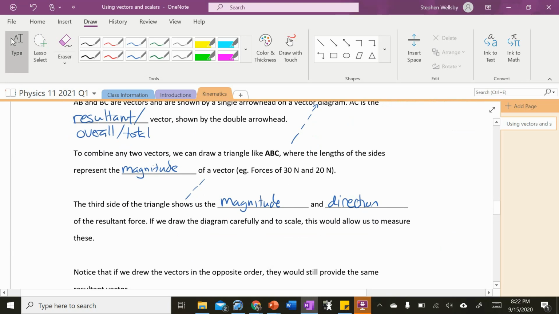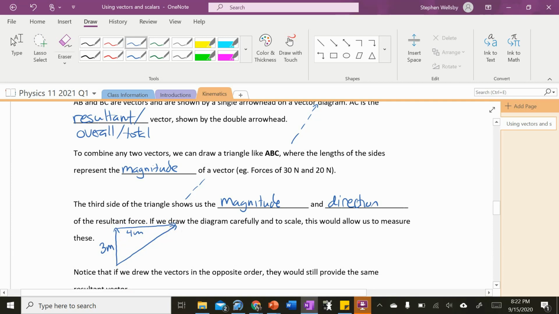Now, if we were to draw a diagram carefully, so let's say, for example, we took a ruler out and we took our protractor out and we drew exactly a 3-centimeter line, or I have a big meter stick and I draw a 3-meter line. And then if I draw another arrow that's 4 meters long, and I'm very, very careful to draw this exactly to scale, well then I would be able to calculate this without even using a calculator.